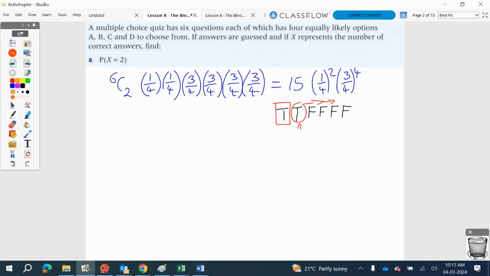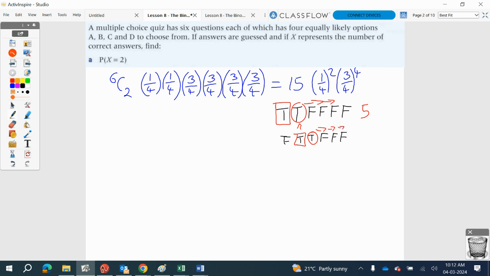It could be in 1, 2, 3, 4, 5 different positions. So then I do the same thing again, but I insist that the first one is false. I'm always going to have the second one as true, the first one as false, and then I can move this into how many different positions?